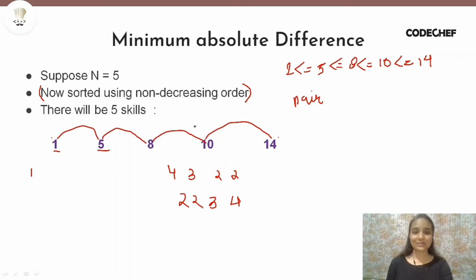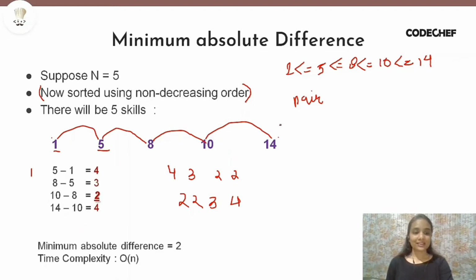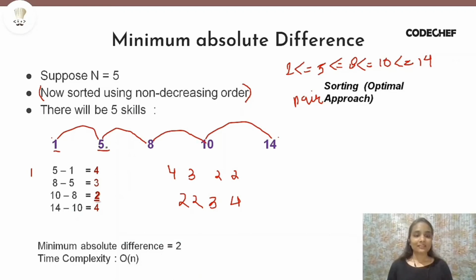And now you already know what a non-decreasing order is. So how will we calculate the difference? 5 minus 1, 4. 8 minus 5, 3. 10 minus 8, 2. 14 minus 10, 4. And suppose we had a repeated number like 5, 5 or 8, 8, then also no problem. 8 minus 8 or 5 minus 5 would have been 0.